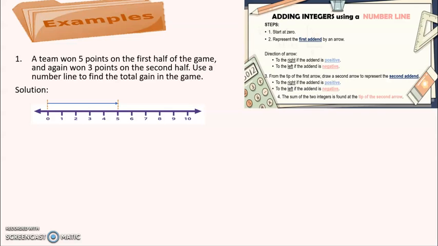Next, our second addend. So, madrawing kita sa aton second arrow, which is 3 points. Dira mismo sa tip sa aton nga first arrow. Di ba, ang first arrow ta, sa 5 siya nagpundo. So, dira kita masumpon sa aton ikaduwa nga arrow. So, maisip lang ta 3 points. And notice nga ang aton nga addend is positive.